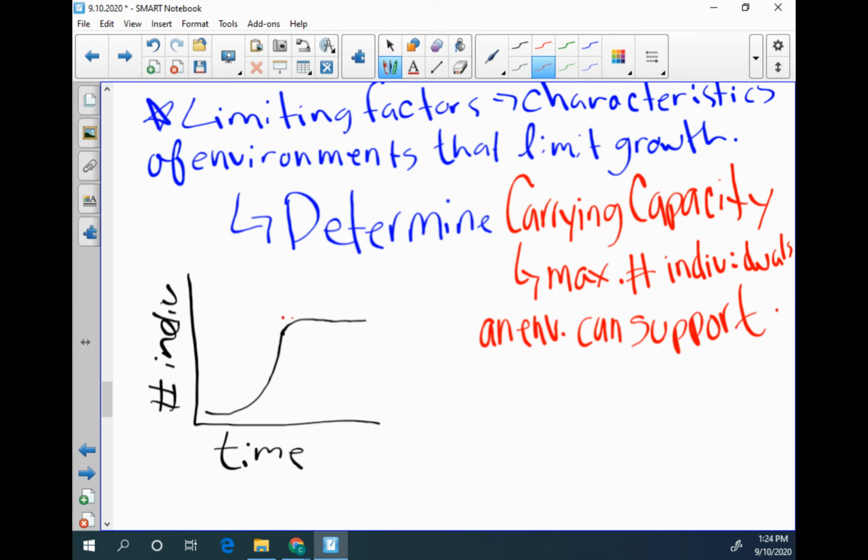This right here is our carrying capacity. So it's going to grow and grow and grow until it can't grow no more. Don't have the resources.